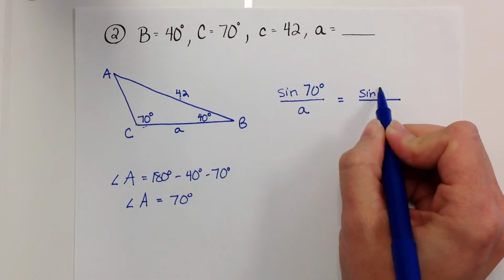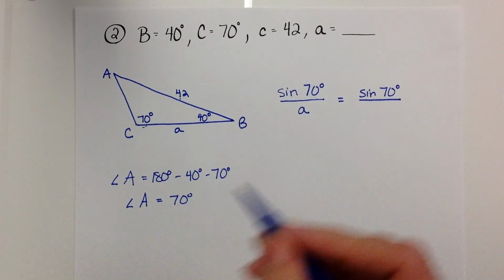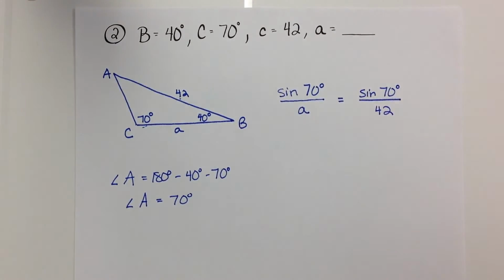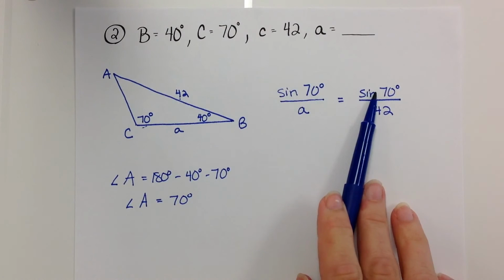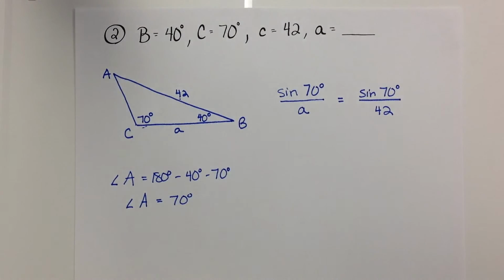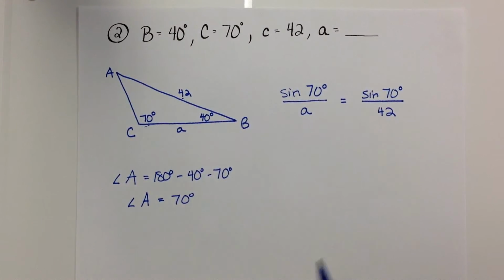So again, sine 70 degrees divided by 42. Now because this one happened to be isosceles, you can just tell since your numerators are the same what it's going to be here, but I'm going to go ahead and cross multiply and go through the steps, because you don't always have an isosceles triangle.